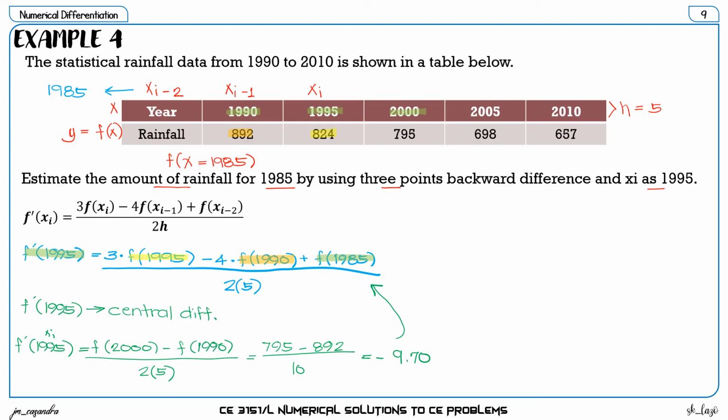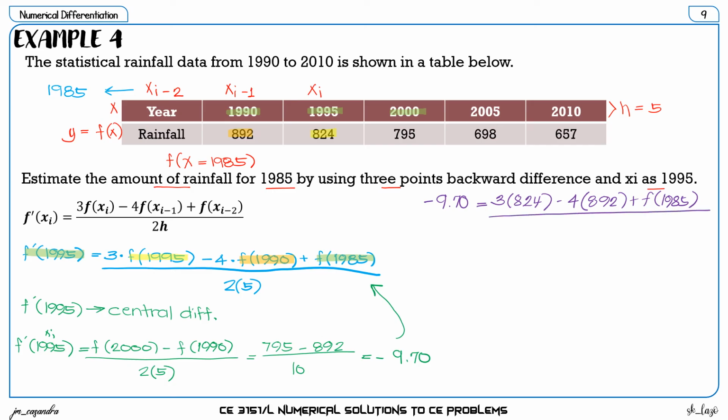So if we write our value, f prime of 1995 is negative 9.7. That's equal to 3 times the function of 1995 minus 4 times the function of 1990 plus the function of 1985.